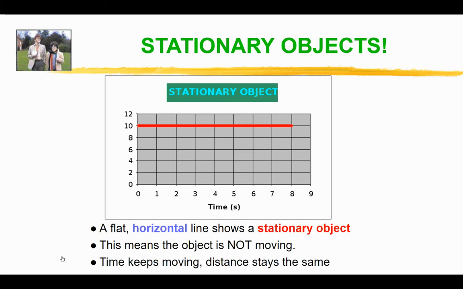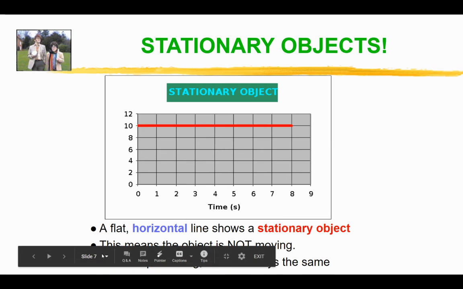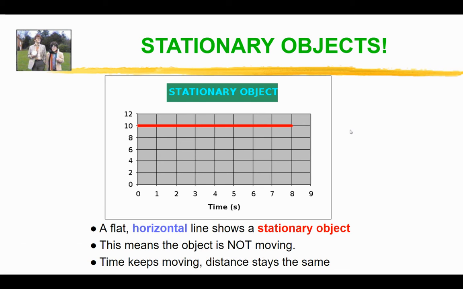Stationary objects. Now, we already know what a stationary object looks like. A stationary object has a flat horizontal line. If it's spelled ERY, that means it's like cards and stuff that you can write on, like a stationary kit.